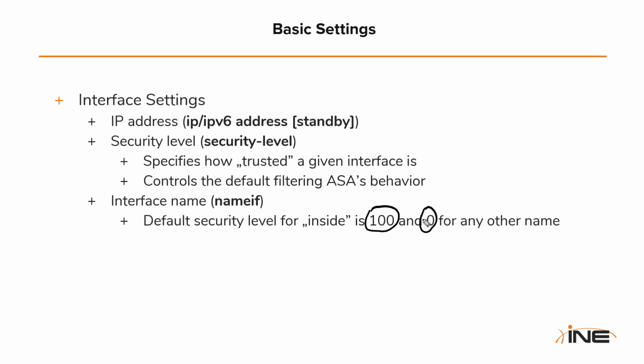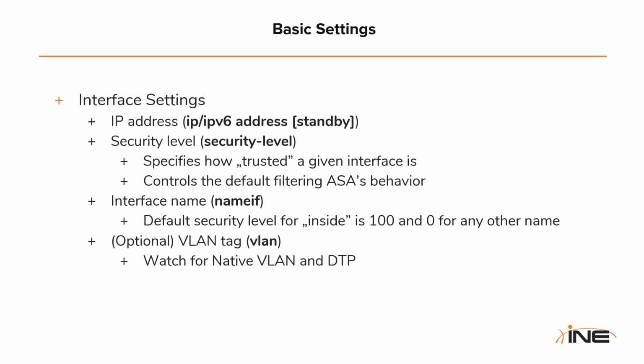It's not that important because you can always override those levels with the security level command. So we don't really have to worry about that, but just remember that the nameif command also automatically sets the security level.